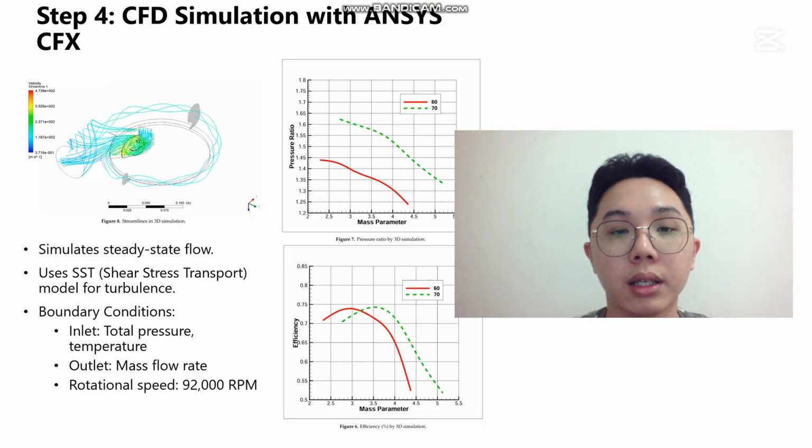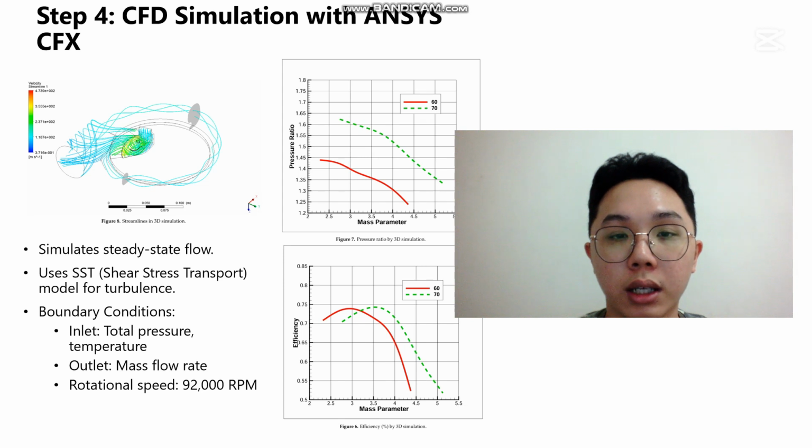With the mesh complete, the simulation is conducted in ANSYS CFX. The model simulates steady state flow through the rotating impeller domain using the Reynolds average Navier-Stokes equations. Key boundary conditions applied include inlet total pressure and temperature of 101 kPa and 288 Kelvin, respectively.